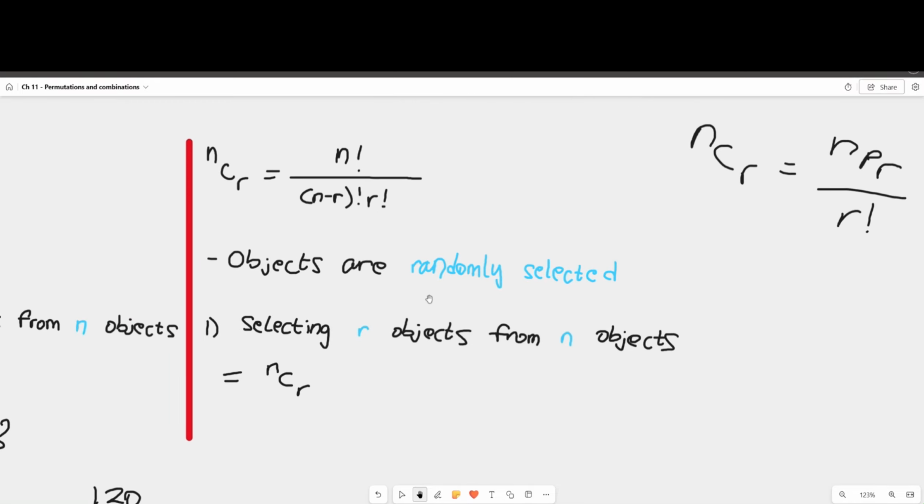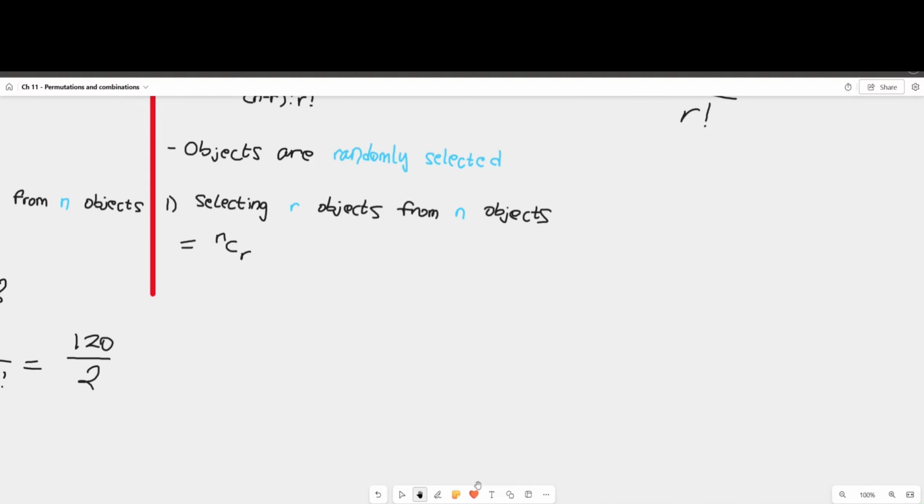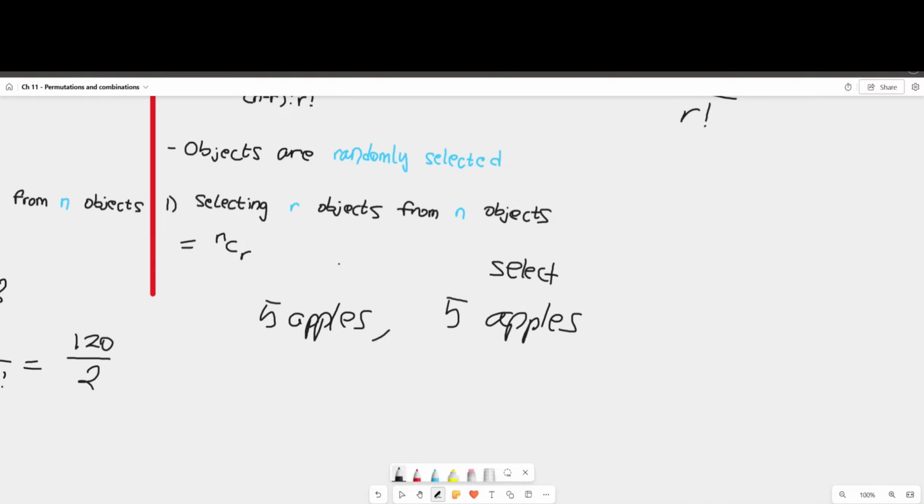Combinations is when you're randomly selecting different objects, essentially. So there's only one condition here, selecting r objects from n objects, which is nCr. If I gave you 5 apples and told you to select 5 apples, there's only one way of doing that, because you select all 5 of them.